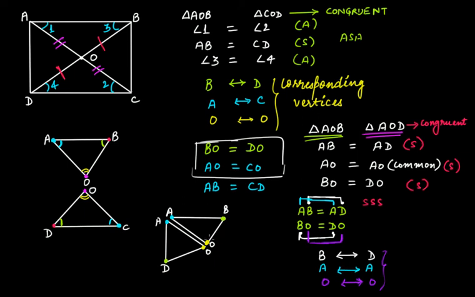It means that angle B, since this B vertex falls on vertex D, this angle will be equal to this angle. Just imagine that you have placed this triangle exactly on top of this triangle. It has completely fallen on this triangle and it's covering completely. So this angle B is equal to angle D.